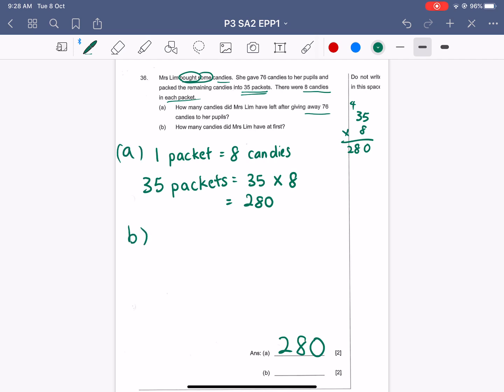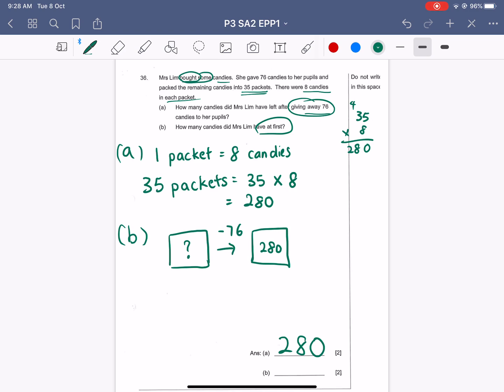Now part B, before you give away, how much did you have at first? So same thing. If you see that it's working backwards, you do not know how much at first, but you know she gave away 76 and she ends up with 280. So now our job is to work backwards to find out what was the original amount that she had.